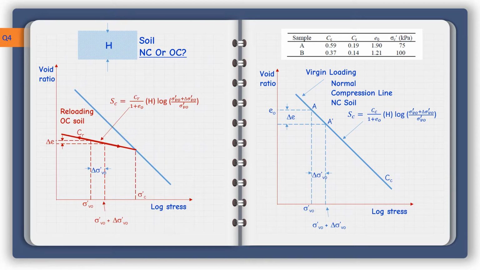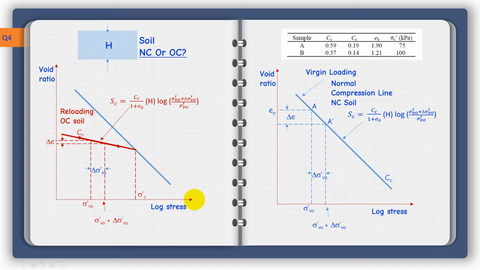If the soil experienced some sort of unloading in the past, it means that when the stress state reached that point in the past, some sort of unloading happened along that red curve here, the gradient of which is C_R, or the recompression index. Some people call it the swelling index.